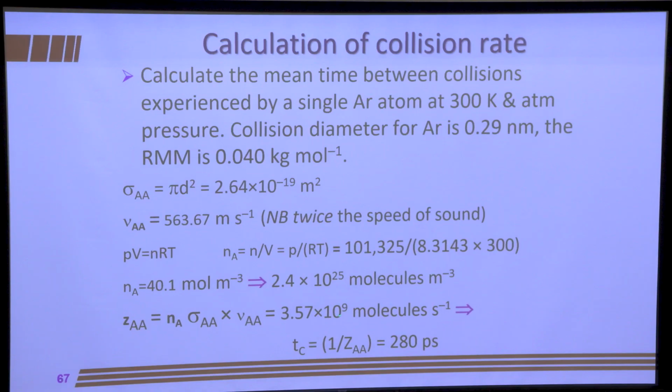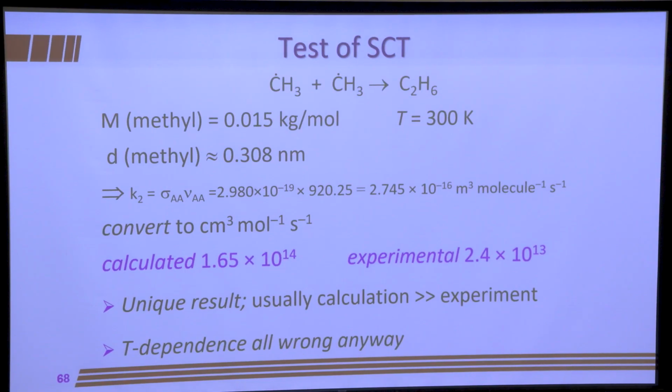The average time between collisions is the inverse of that, 1 over the collision frequency, and that's 280 picoseconds. So the average time between collisions of argon atoms at 300 Kelvin and 1 atmosphere is 280 picoseconds. It's a nice calculation.